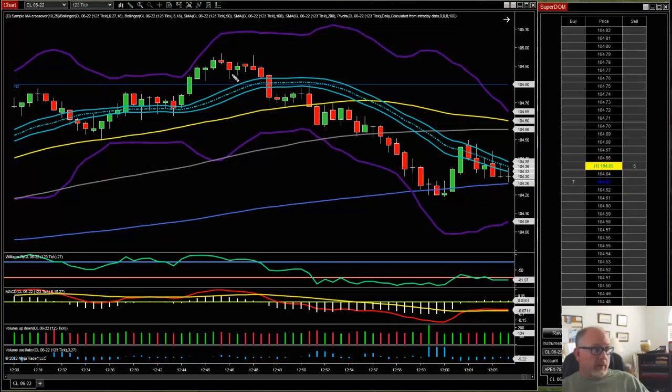This was the high of the market up here, and it never came back above the high, really didn't come back above the high at all in that whole move when it went down to here.